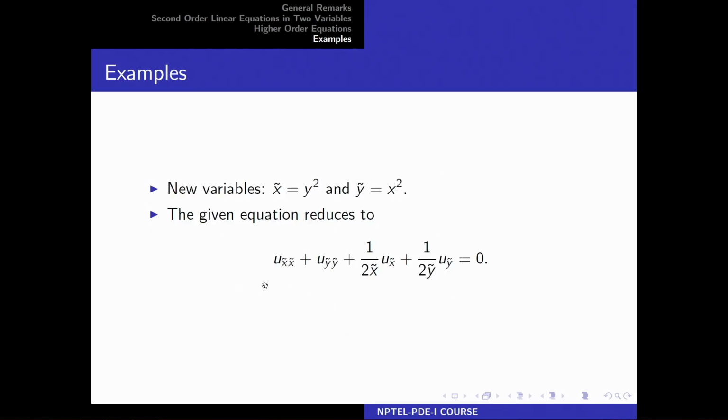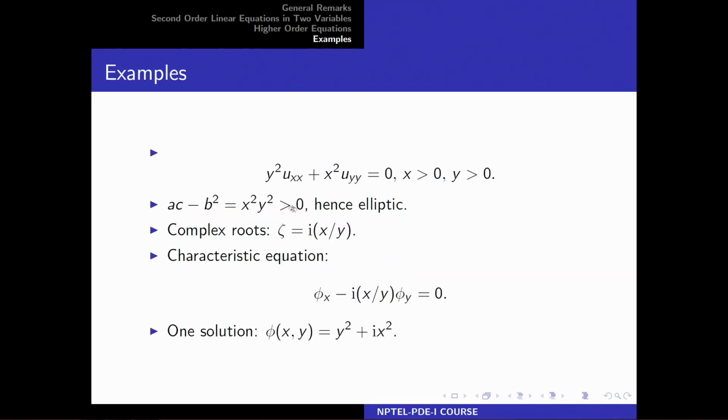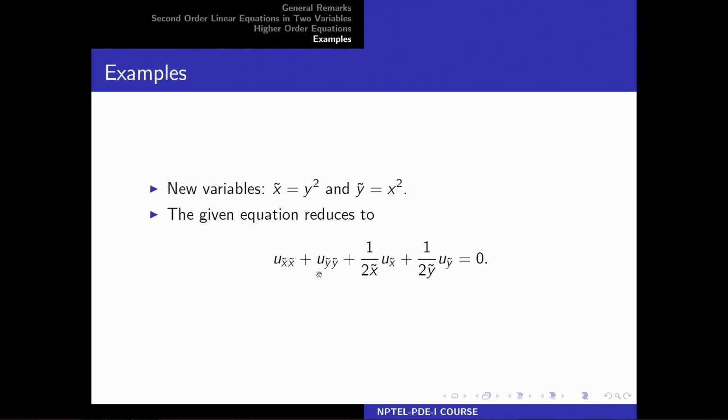In the reduction you see that the important thing is these constants are 1 and 1, and because the original equation contains variable coefficients, it is inevitable that it will produce some lower order terms, and these are again variable coefficients. So, somehow they are shifting, but the principal part remains with constant coefficients.